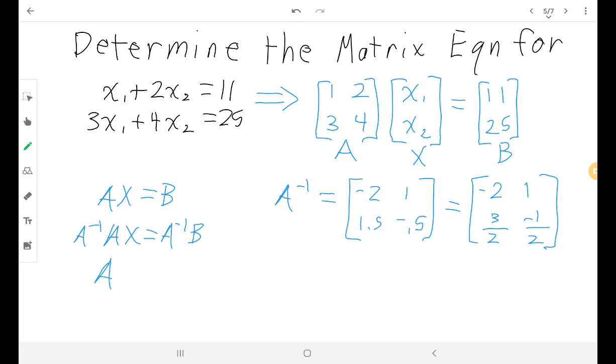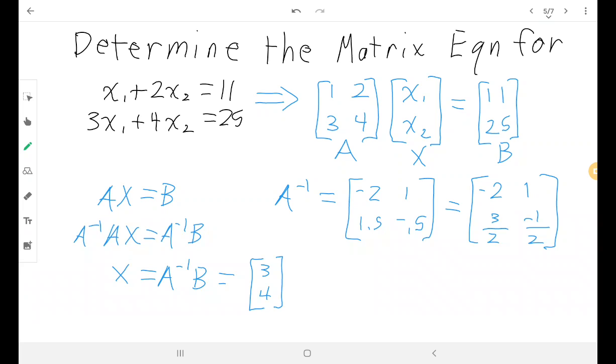And then, actually, let me be a little more careful. And then X equals A inverse times B. So X equals A inverse times B, and I will use MetaCalculator to calculate A inverse times B, which gives me a matrix of 3, 4.